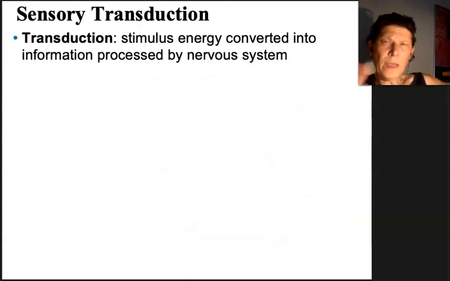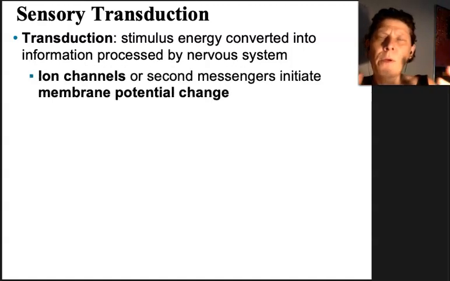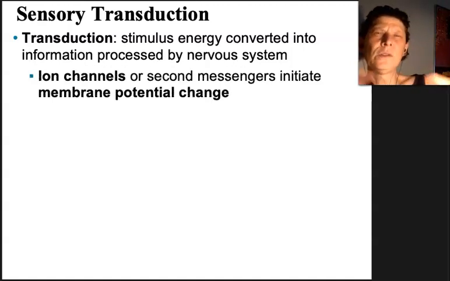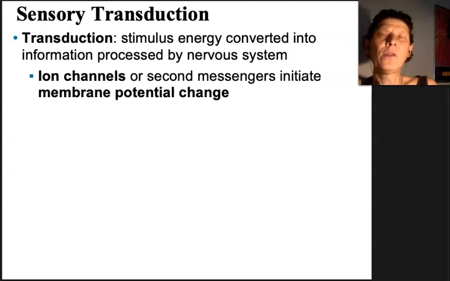Sensory transduction. I mentioned that a stimulus has a physical energy, and this energy needs to be converted into something that a neuron can work with, and that usually is all about membrane potentials. It's about electrical stimulus.